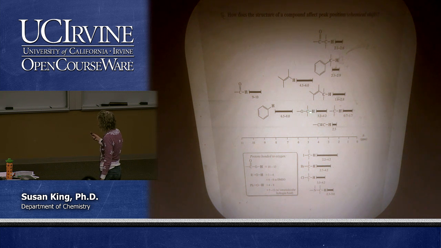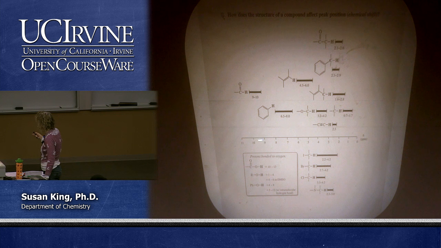Then we have the vinylic hydrogens, 1.6 to 2.8. Hydrogens bonded directly to an sp2 carbon, 4.5 to 6.0. Hydrogens adjacent to a ketone, 2.1 to 2.6. Hydrogens that are part of an aldehyde are all the way down at 9 to 10.